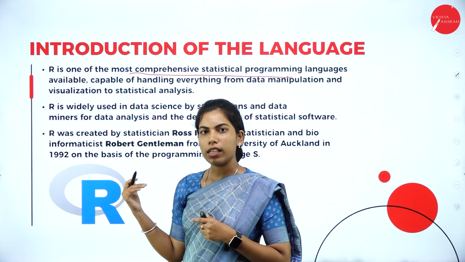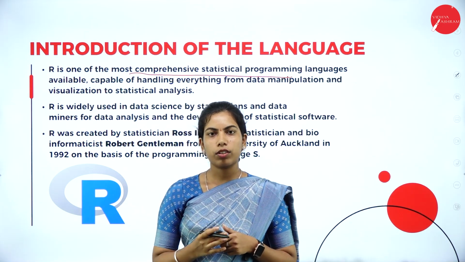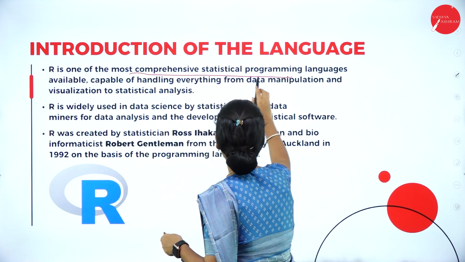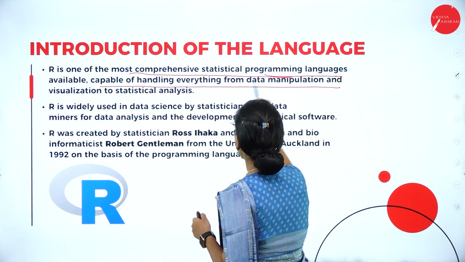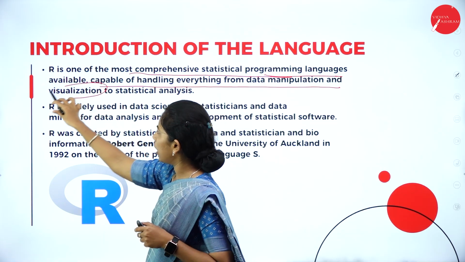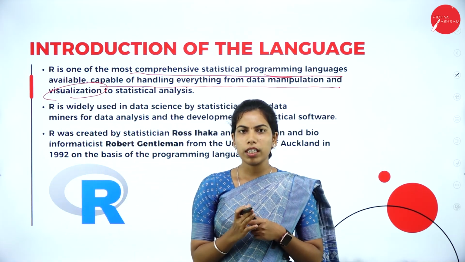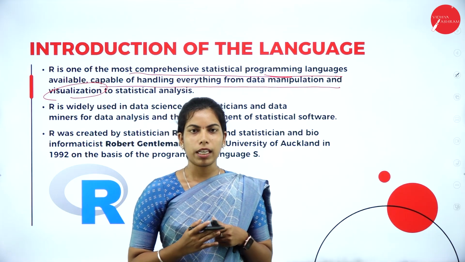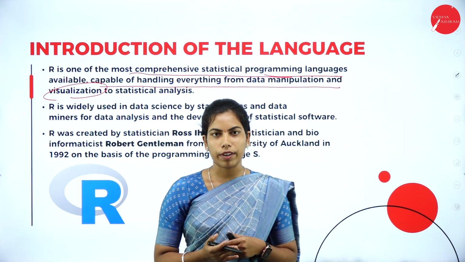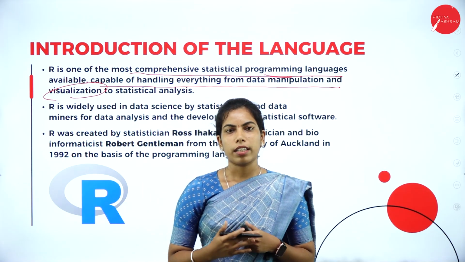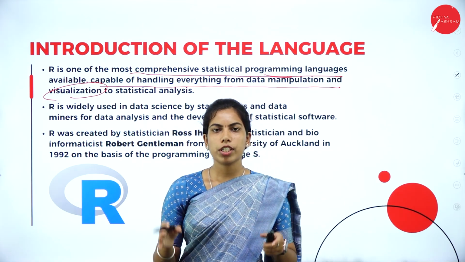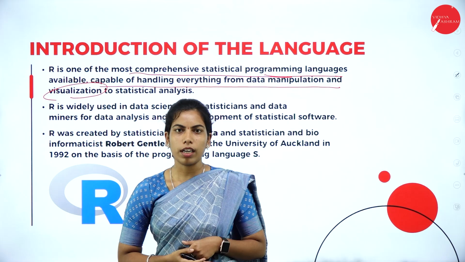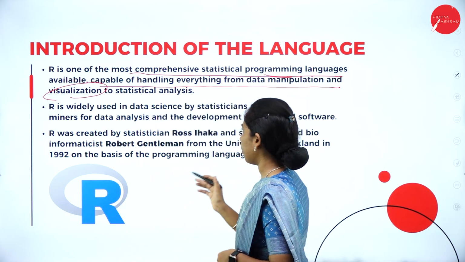That's why it's a statistical programming language, capable of handling everything from data manipulation to visualization. This is the most important definition of R programming: R is a high level language used mainly for statistical purposes and for representing data in a visual format. That's why R is one of the most comprehensive programming languages.